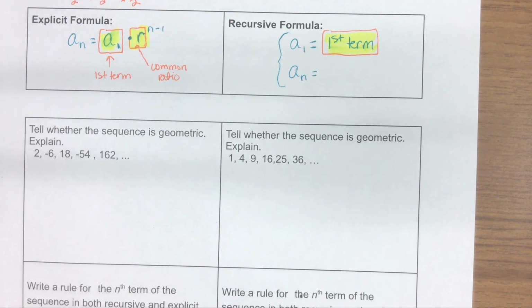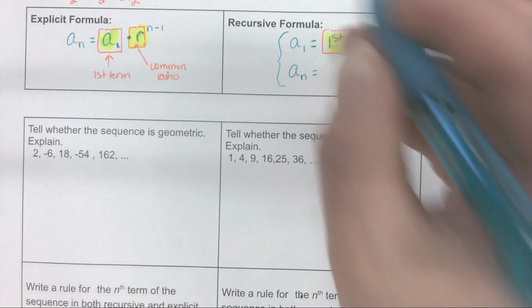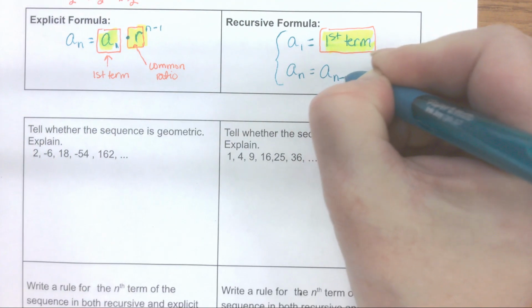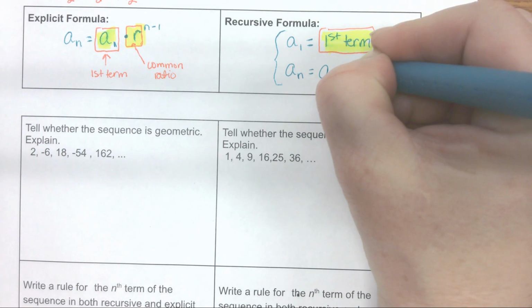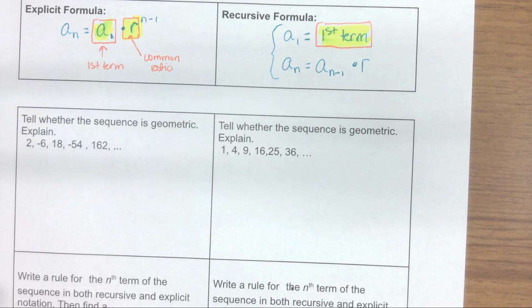And then we're going to say a sub n equals a sub n minus 1. And notice that this part is the same so far. But instead of adding the common difference, we're going to write times r.